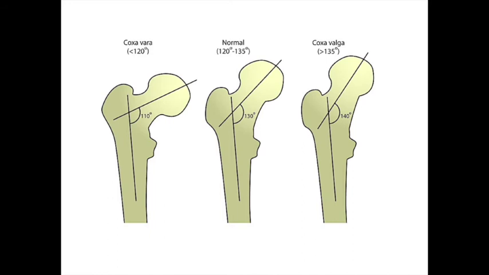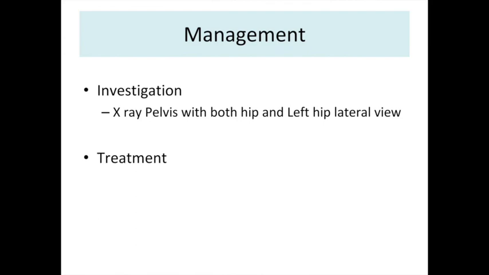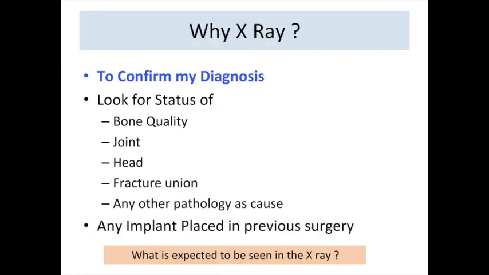So management, 2 parts: investigation and treatment. I'll be very brief here because most of it has been covered. Investigation, whenever you are asked, straight away go to X-ray pelvis with both hips and a left hip lateral view. So the next thing is, okay, put up the X-ray. While somebody is looking for the X-ray, you might be asked why an X-ray.